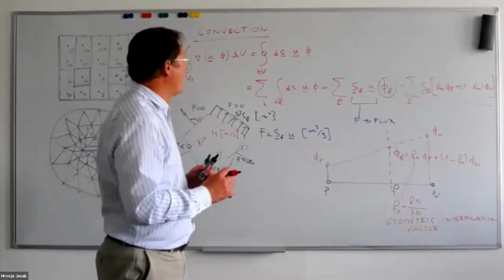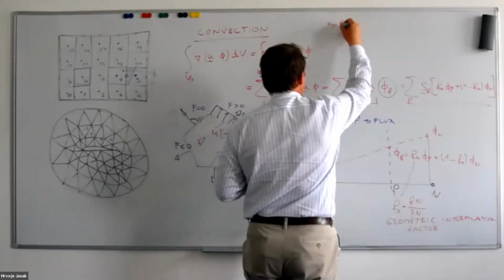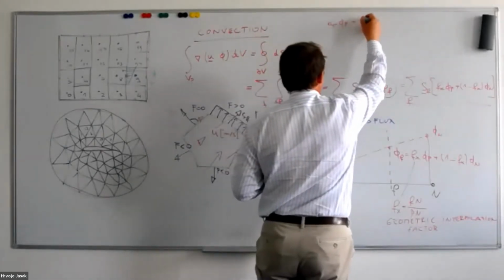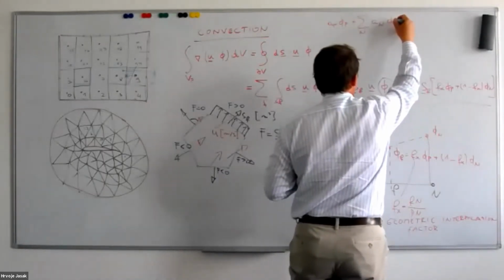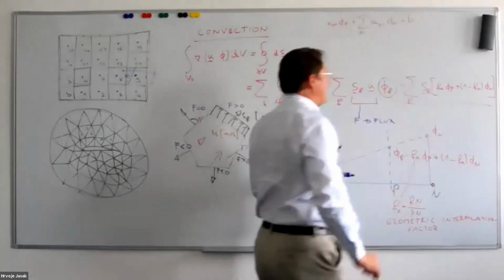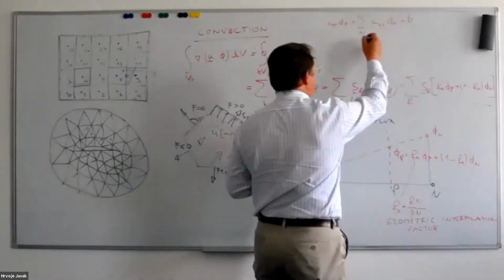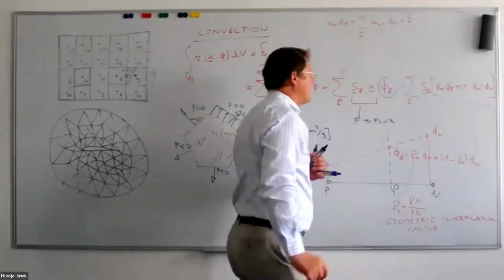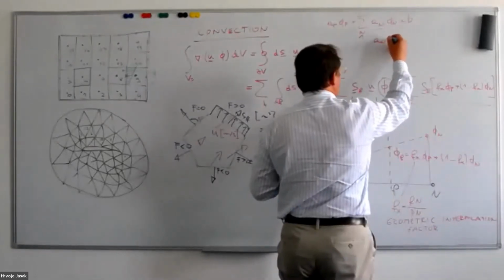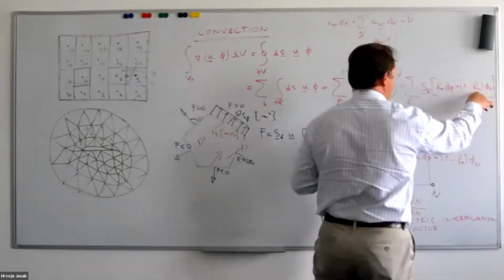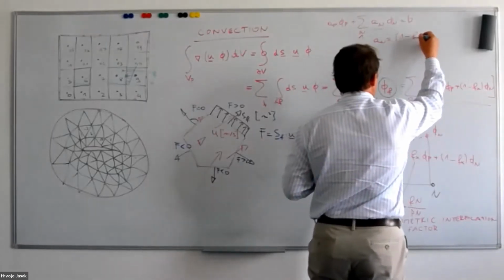Remember, my equation reads AP phi P plus sum over the neighbors An phi N equals B. Therefore, my An, sum over the neighbors, is already here. My An will be 1 minus Fx multiplied by SF.